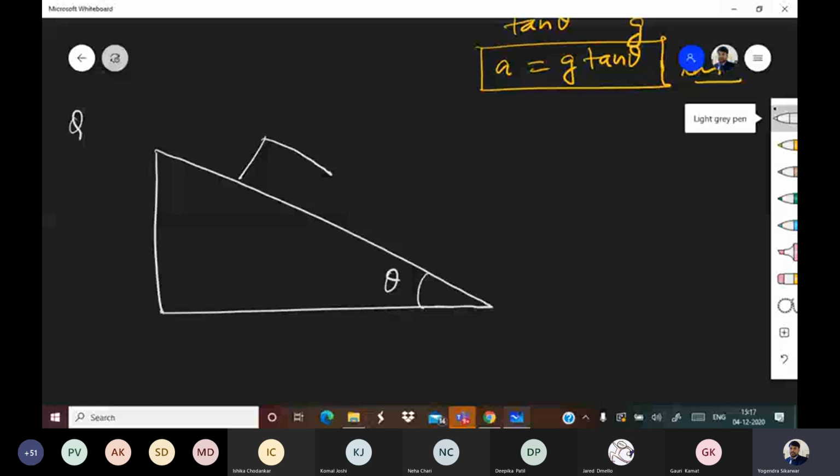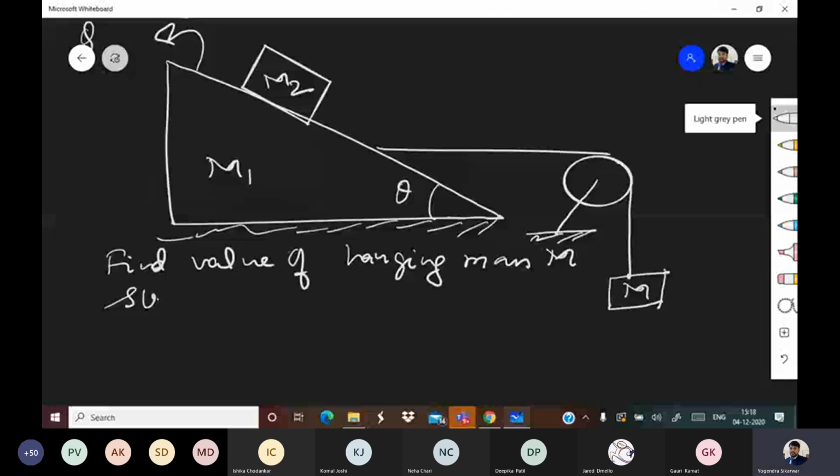So the question says find the value of hanging mass capital M such that M2 does not slip on M1. Please solve, everyone.